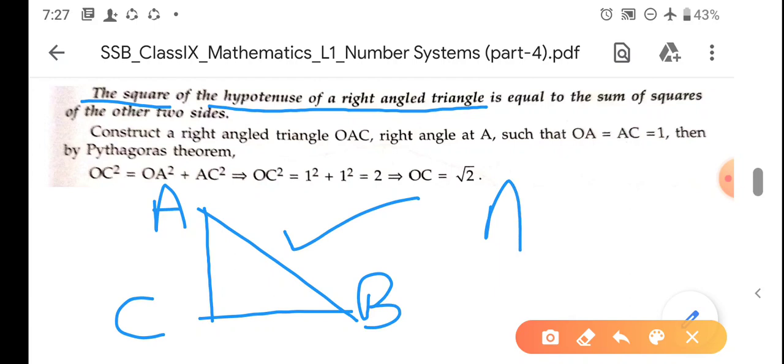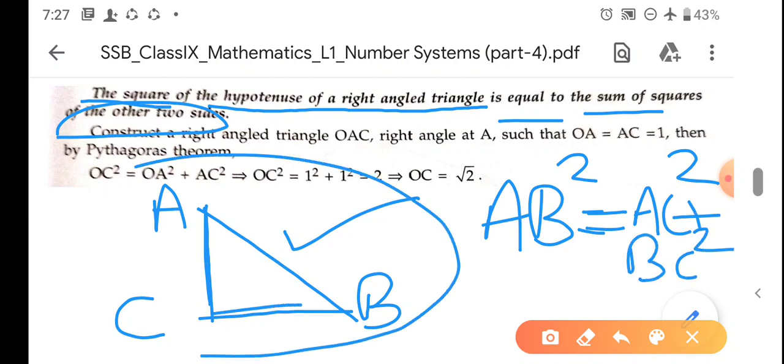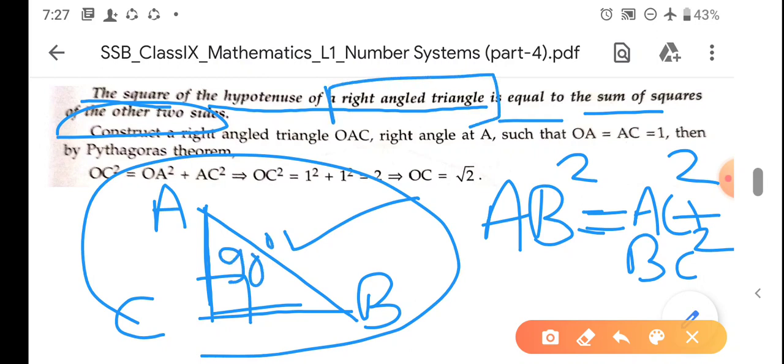This is the hypotenuse. The square of the hypotenuse is equal to the sum of the squares of the other two sides, AC and BC. This always applies in a right angle triangle, which is a triangle having one angle of 90 degrees.